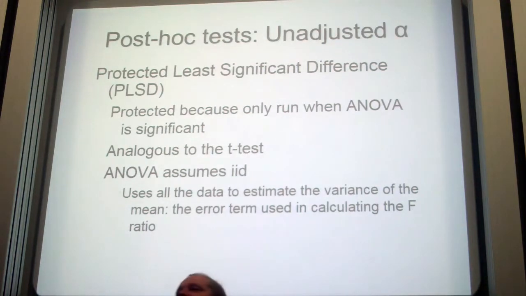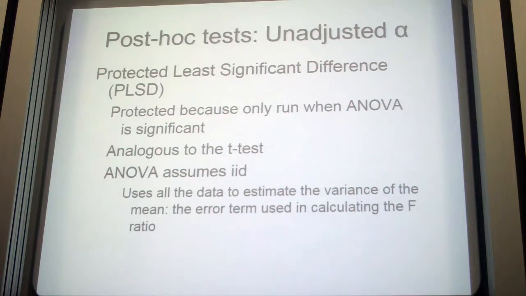So there's always intermediate values I could add in which shouldn't change the likelihood of what comes out as being different too much. Okay, it's protected because you really make sure the ANOVA is significant. I'm only going to look after a significant effect is reported by the ANOVA. And it really is analogous to a t-test, it's just not making any corrections to an alpha level.